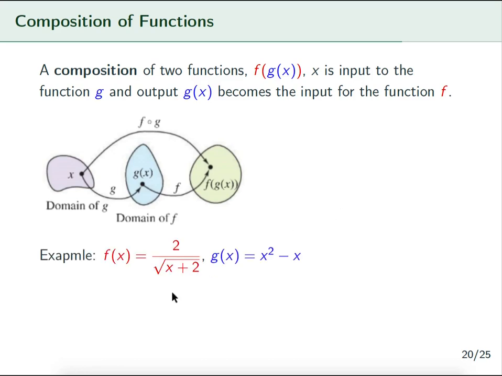So let's say I have two functions. I color them differently so we can see how exactly this procedure works. f of x equals 2 over square root of x plus 2, and g of x equals x squared minus x. And let's say I want to compose f of g of x. So f compose g, that's what this symbol means right here.